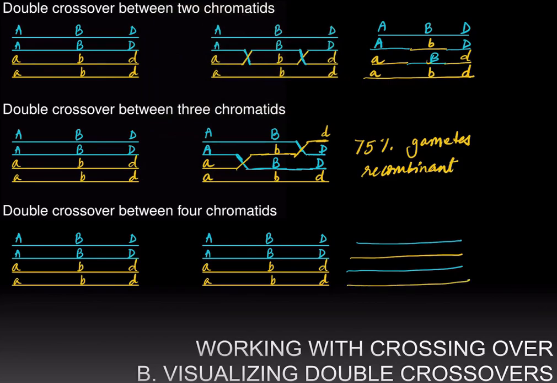And so we may have a crossover between the first pair of non-sister chromatids, giving us this arrangement, and perhaps there is another crossover between the other pair, giving us this arrangement of chromosomes.